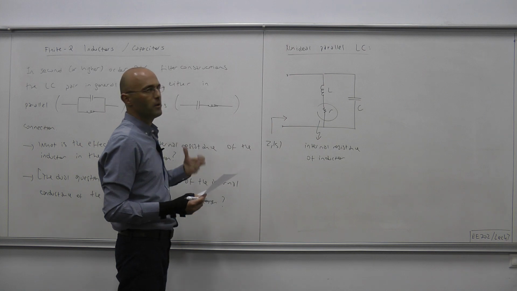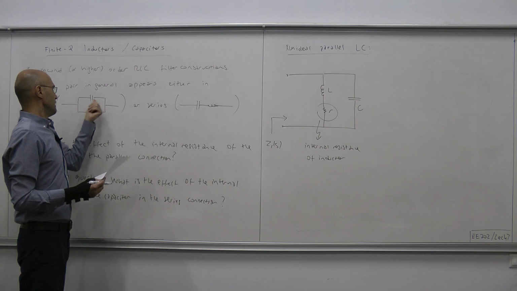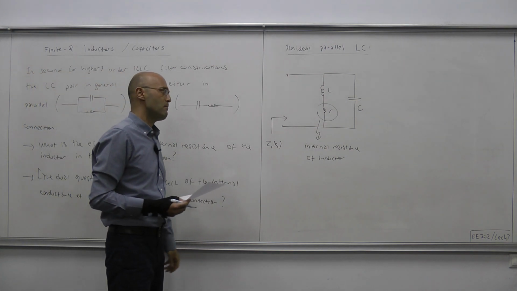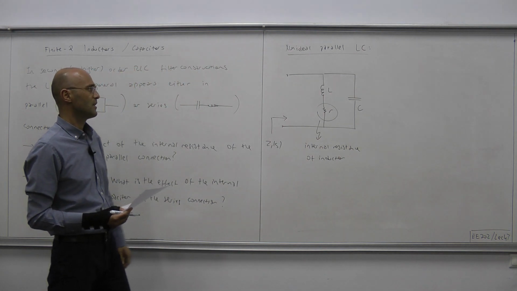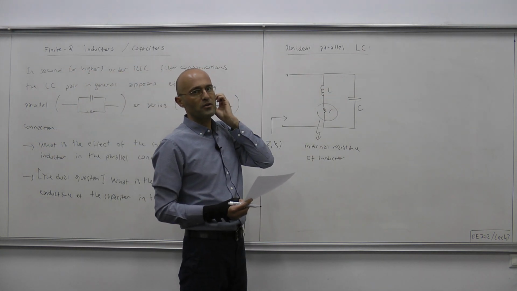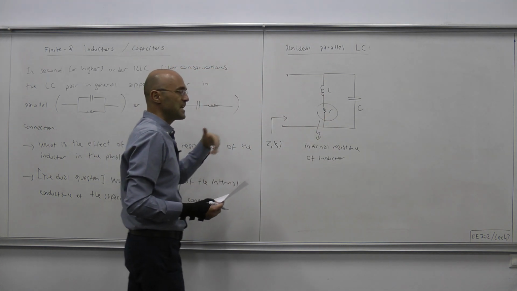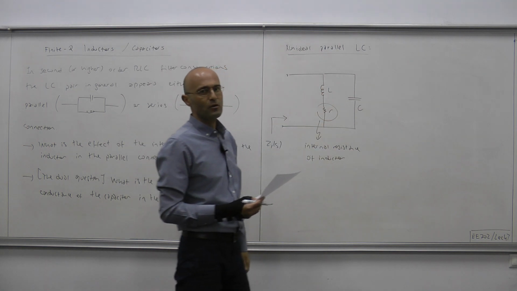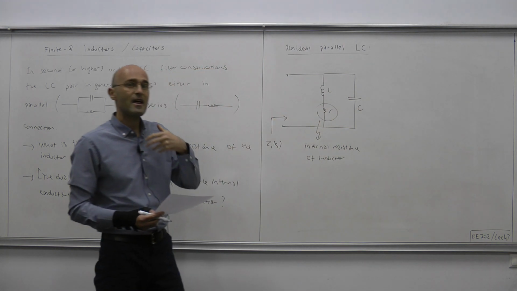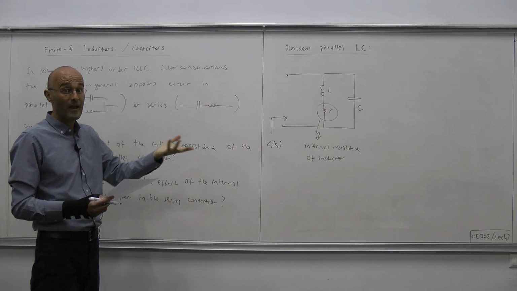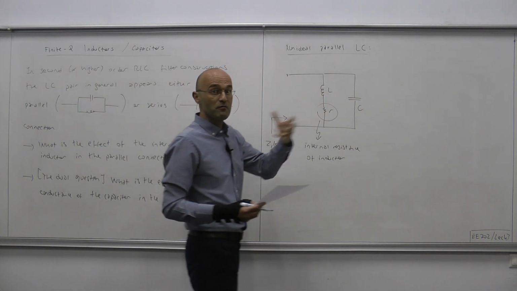Now what we want in our filter constructions is the LC pair to appear in parallel, but due to this non-zero resistance, they are no longer in parallel connection. Of course, if r is very tiny, then we can just ignore it and we would have the parallel connection. So that's an approximation, simply ignoring r. But if r is not that small, then it has to be represented somewhere else, if that's possible.